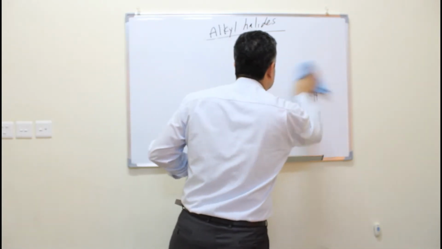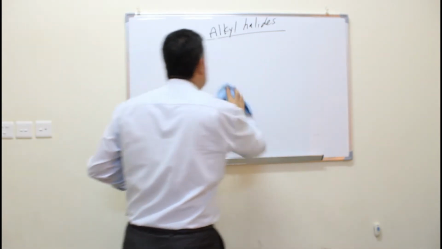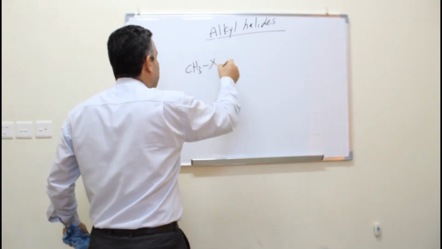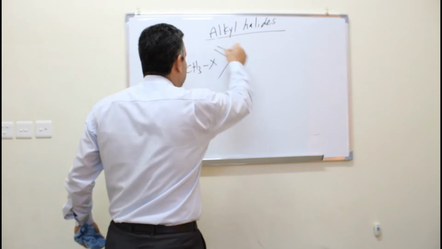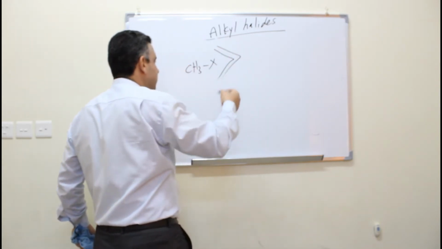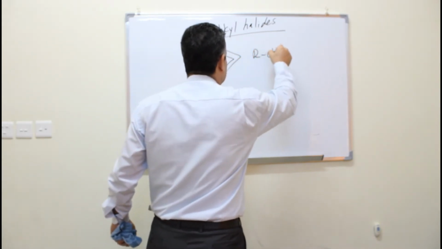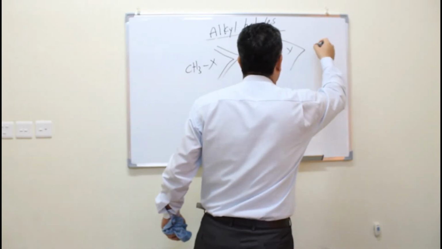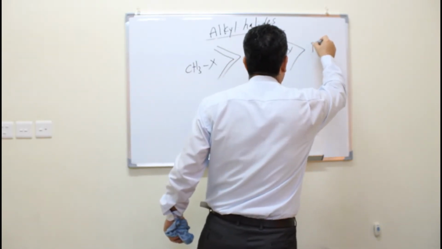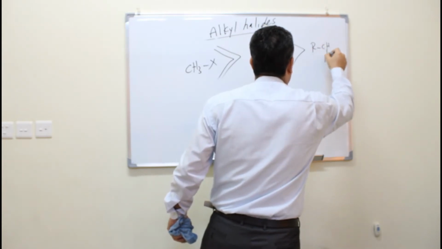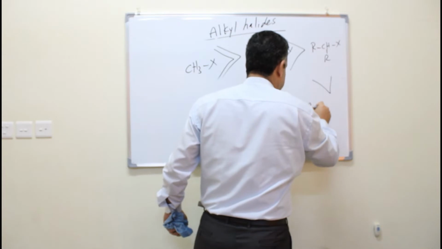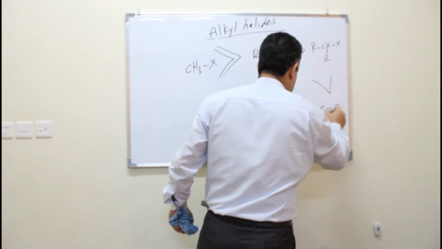As you can see in your slide, the methyl alkyl halide is much higher in reactivity compared to the primary alkyl halide, and the primary alkyl halide is higher in reactivity compared to the secondary alkyl halide, and this will be higher in reactivity compared to the tertiary alkyl halide.